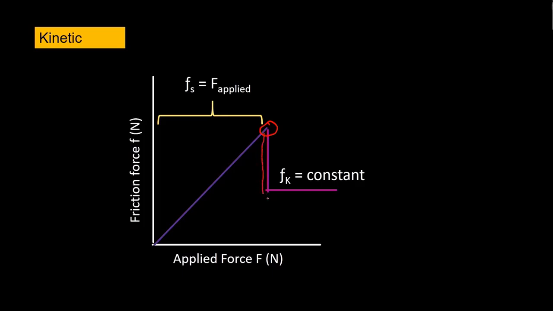And then look how much less it is. Okay, you can see the frictional force is much less than the maximum static frictional force. So the kinetic frictional force is much less. And look at it, it's a straight line. It is constant. Okay, so it is a constant value for the movement of that vehicle.